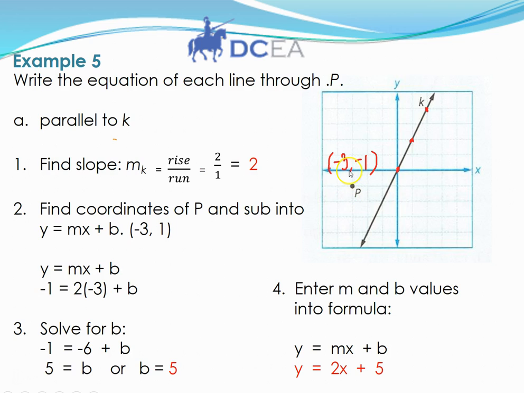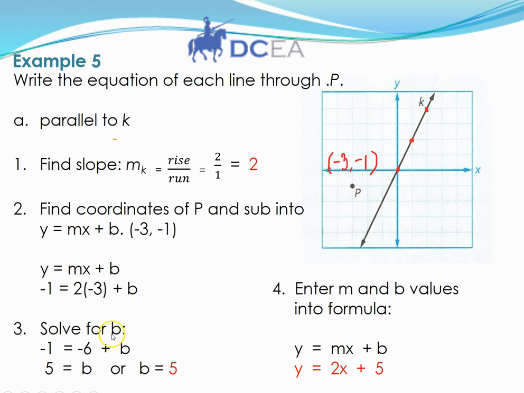So our point is (-3, -1). Using our formula, y equals mx plus b, I substitute the known values: -3 is x1, -1 is y1, so y is -1. We just solved for m, which is 2. We substitute the x value of -3, and then we have our formula.